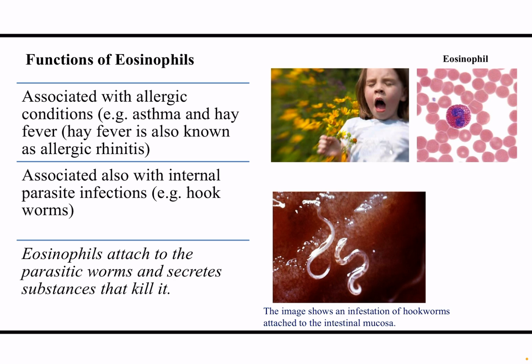It is also associated with intestinal parasites like hookworm or Taenia saginata or Taenia solium. Any infection with parasites at the level of the small intestine will lead to eosinophilia, an increased number of eosinophils.